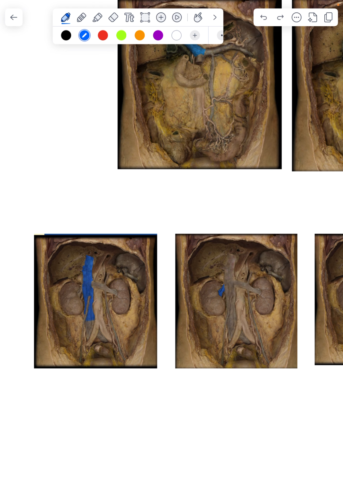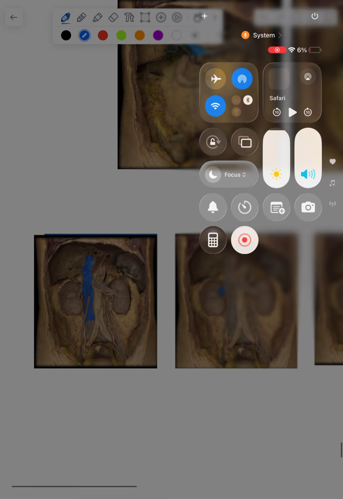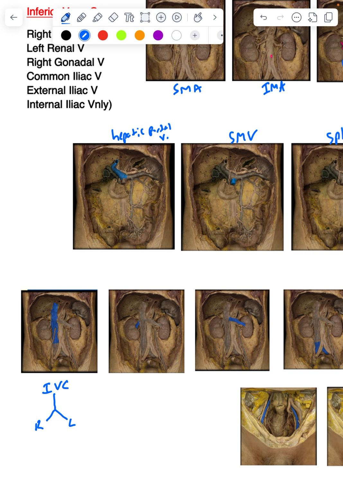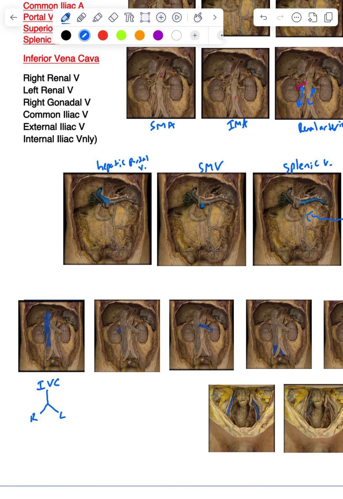Your inferior vena cava and your abdominal aorta split with similar names. So, inferior vena cava becomes right and left common iliac vein. Left common, or sorry, it's right and left iliac veins.